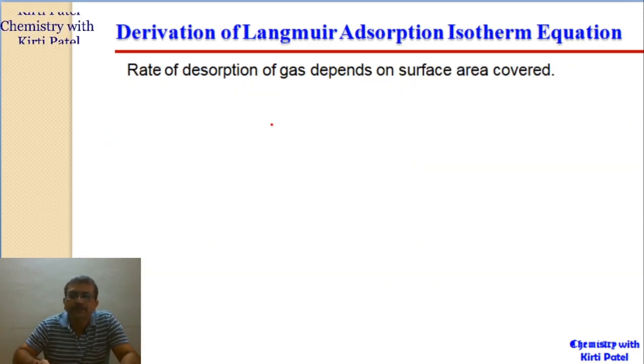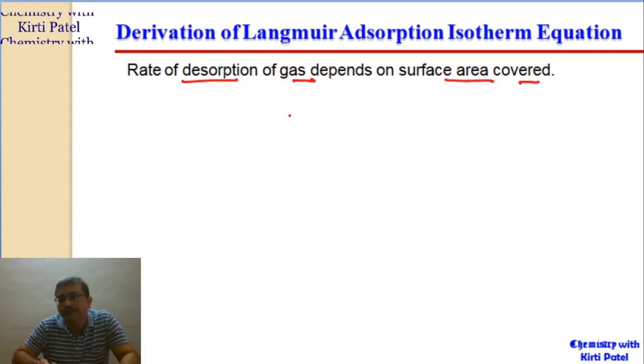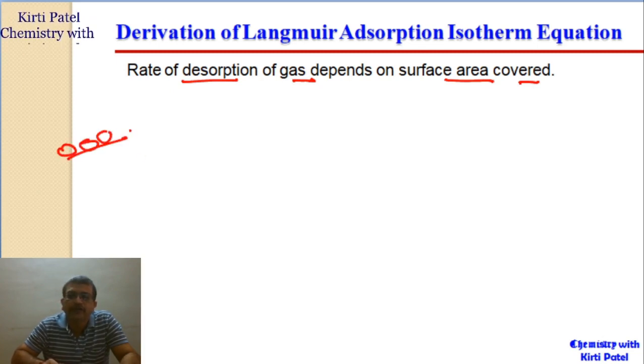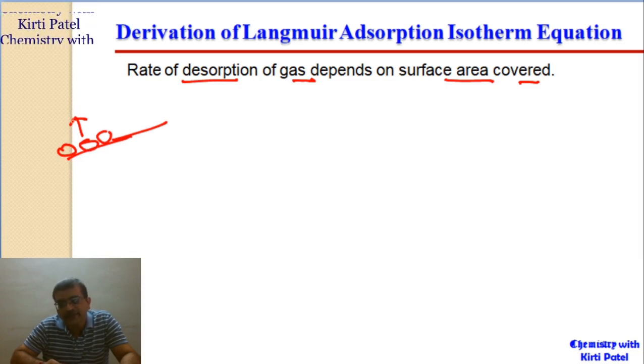Then we had also seen that the rate of desorption of gases depends on the surface area which is covered. That is, all the area which is already covered will be available for desorption processes. So those molecules which are already stuck on the surface, only those molecules can go out, and because of that these molecules will get dissolved.